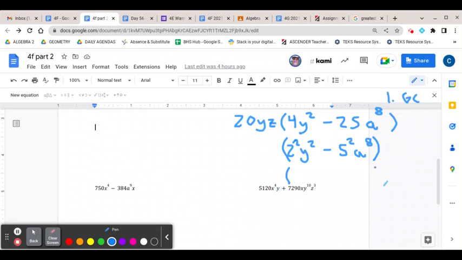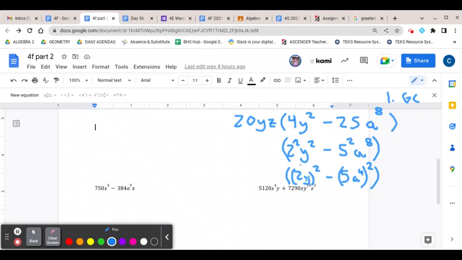So to bring it down a little bit further, we're going to have (2y) squared minus (5a to the 4th) squared. Because we have 5 squared, which is 25, and then a to the 8th is really a to the 4th squared. We can rewrite it like that.